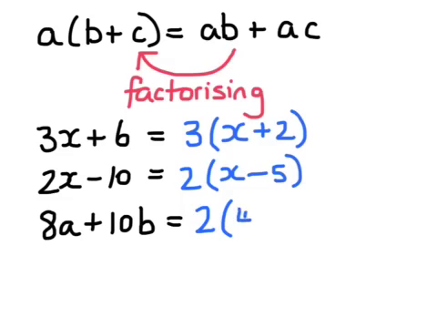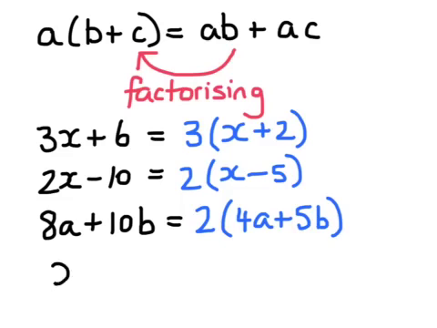That would be 4a, because 2 times 4a gives me 8a. Then for 10b, what do I multiply 2 by? That would be 5b. If I quickly check by multiplying back, I've got 2 times 4a, which is 8a, plus 2 times 5b, which is 10b, so I know I'm correct.